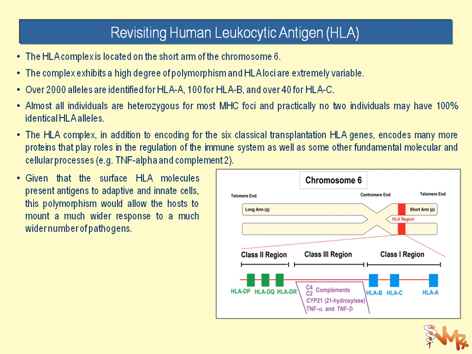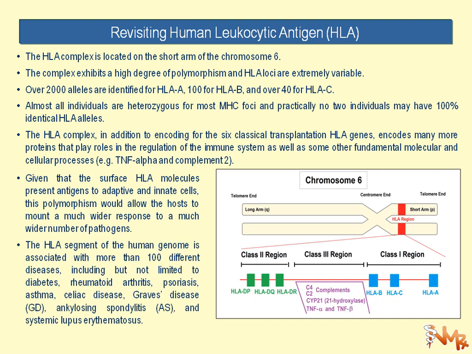Given that the surface HLA molecules present antigens to adaptive immune cells, this polymorphism would allow the hosts to mount a much wider response to a much wider number of the epitopes and pathogens.